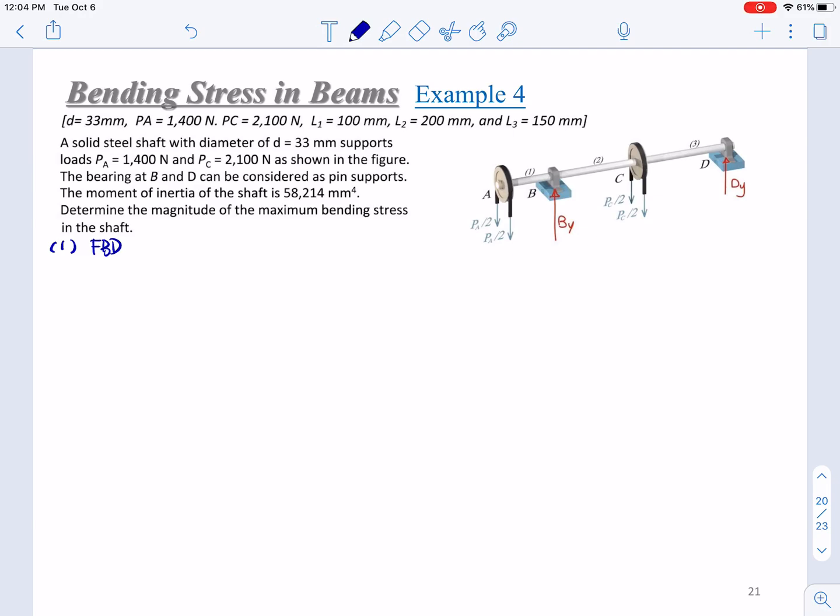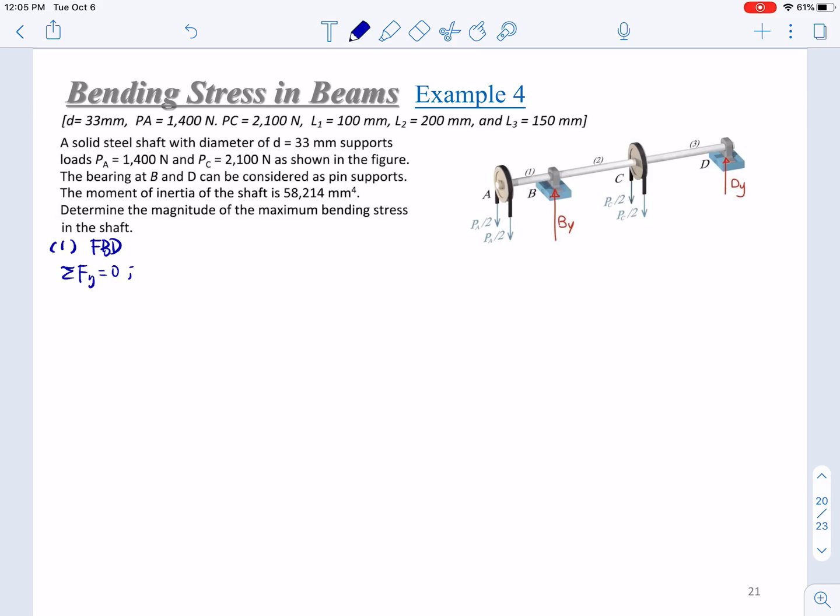Right, so we have PA here, PC here, which are already known, and we just add BY and DY here, since no loading is added along the X direction. Right, so we will get the first equilibrium equation, that is sum of Fy equals 0.